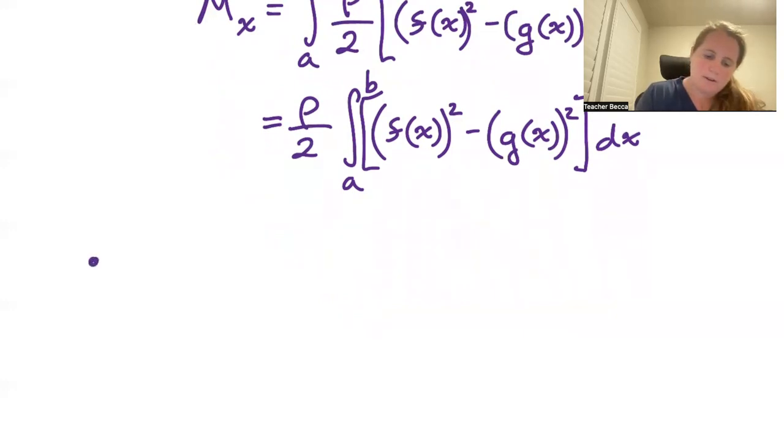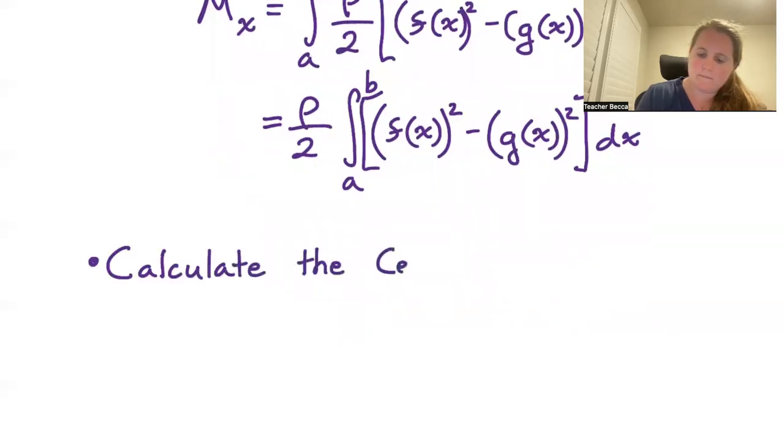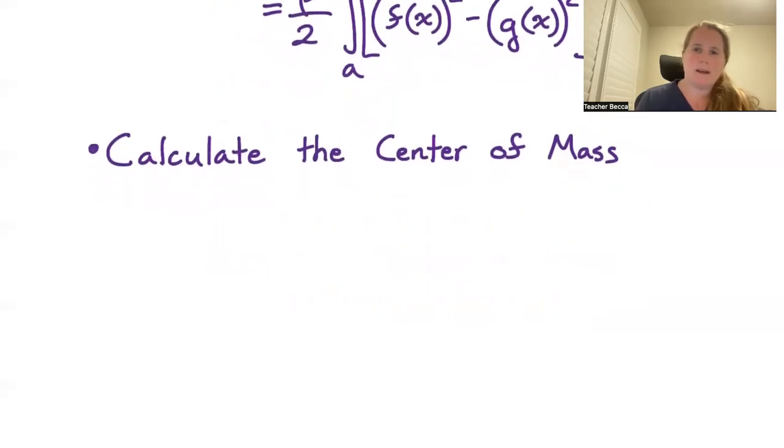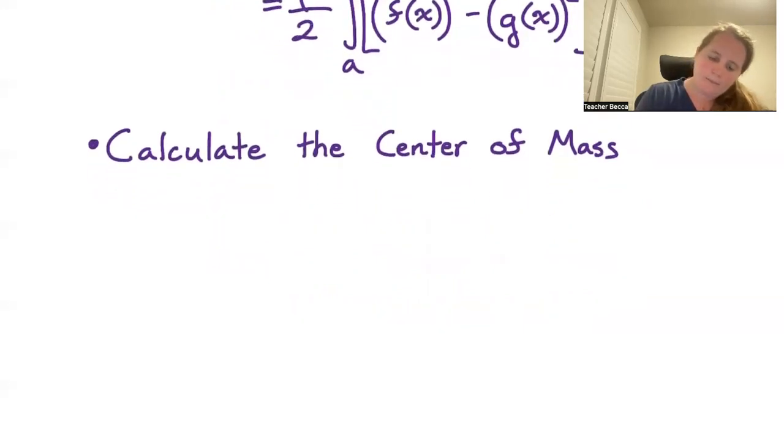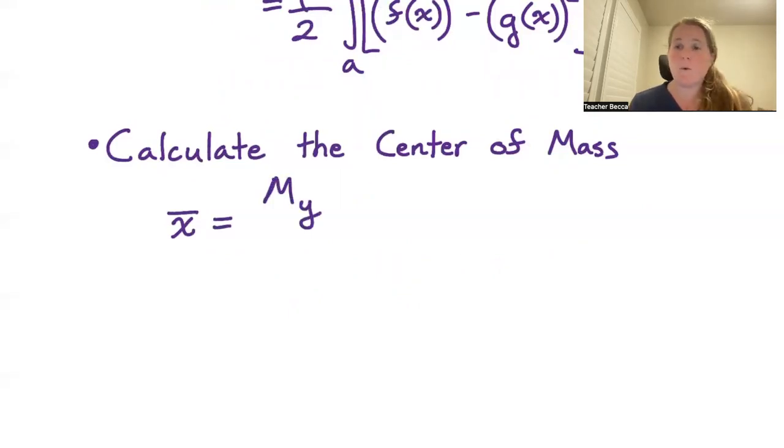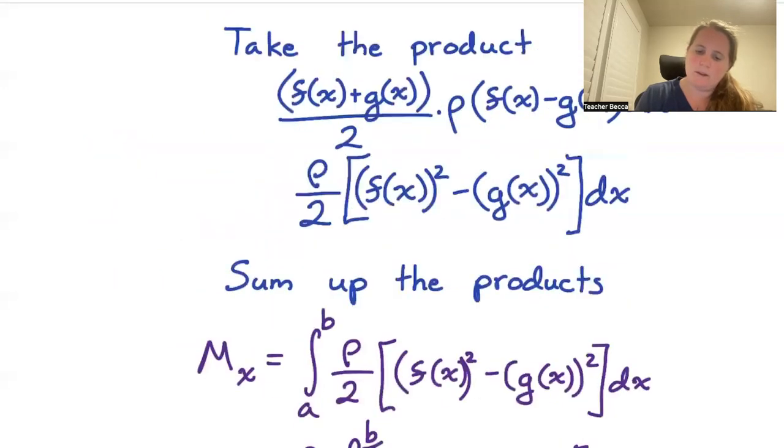So to calculate the center of mass, our x mean is given by taking the moment about the y-axis, My, and dividing by our mass, which I'm going to call M. I don't remember if I actually labeled mass.